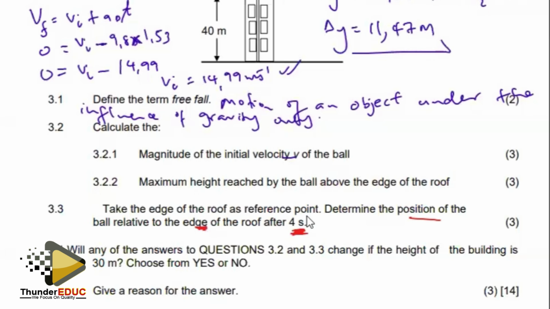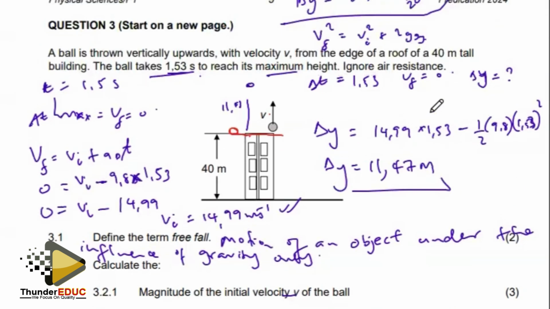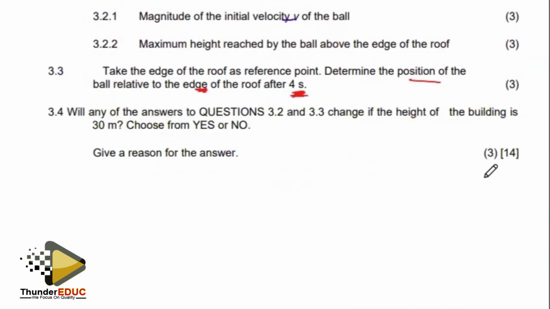I can still use the same formula of the delta y, but where there's time, I can just use the 4 seconds. Is that okay with people? Good. So delta y is equal to V initial times delta t plus a half a delta t squared.